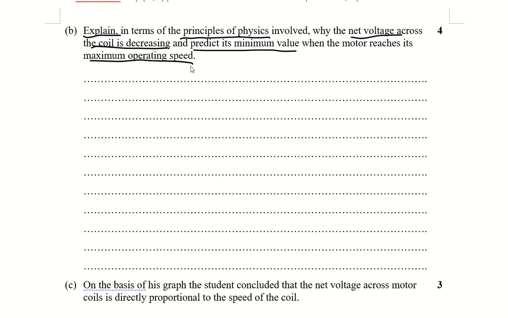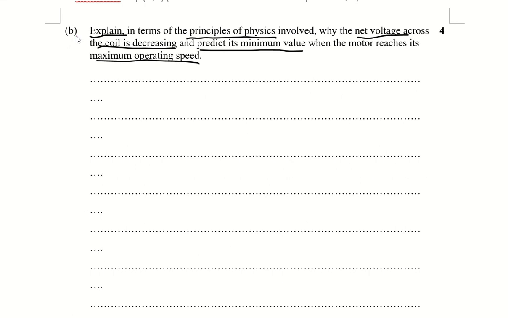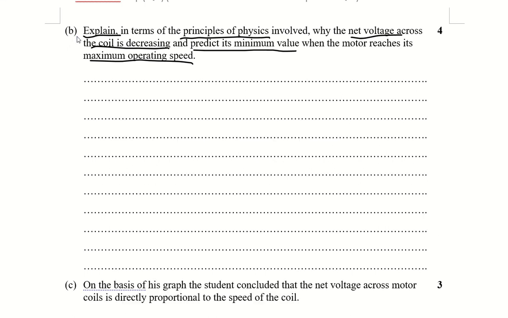Now firstly, let's use our Q method to break down this question for ourselves. You can obviously use different colors if you want to highlight the question. So firstly, always circle your command term. Our command term here is explain, to show cause and effect.